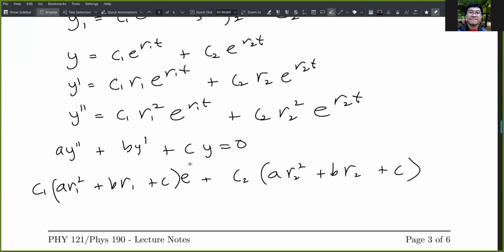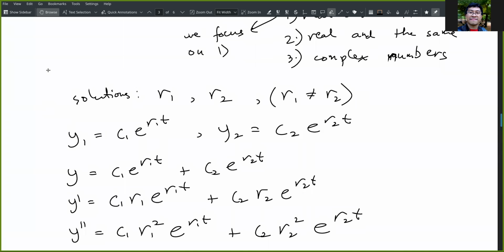This one is multiplied by e to the power of r1 t, and here it's e to the power of r2 t. Now since this is 0 as well as this, then the whole expression is equal to 0, which verifies this solution.